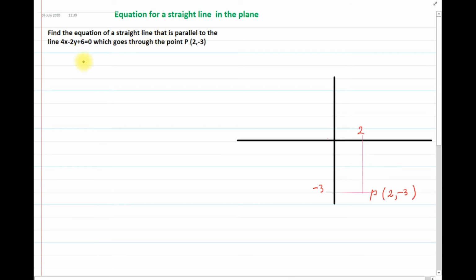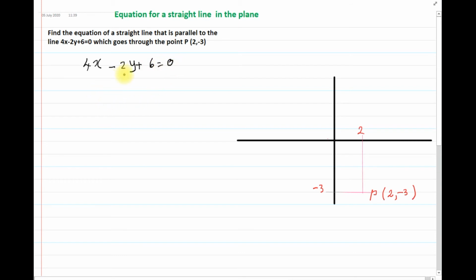So my equation is 4x minus 2y plus 6 is 0.